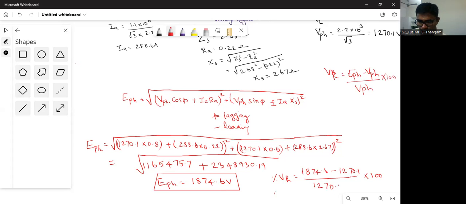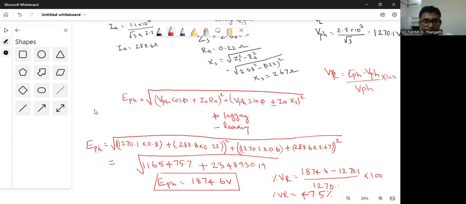So your percentage voltage regulation is 1874.6 minus 1270.1 divided by 1270.1, into 100, which is 47.5%. That is the value we obtained. This is the procedure to calculate voltage regulation using the EMF method.